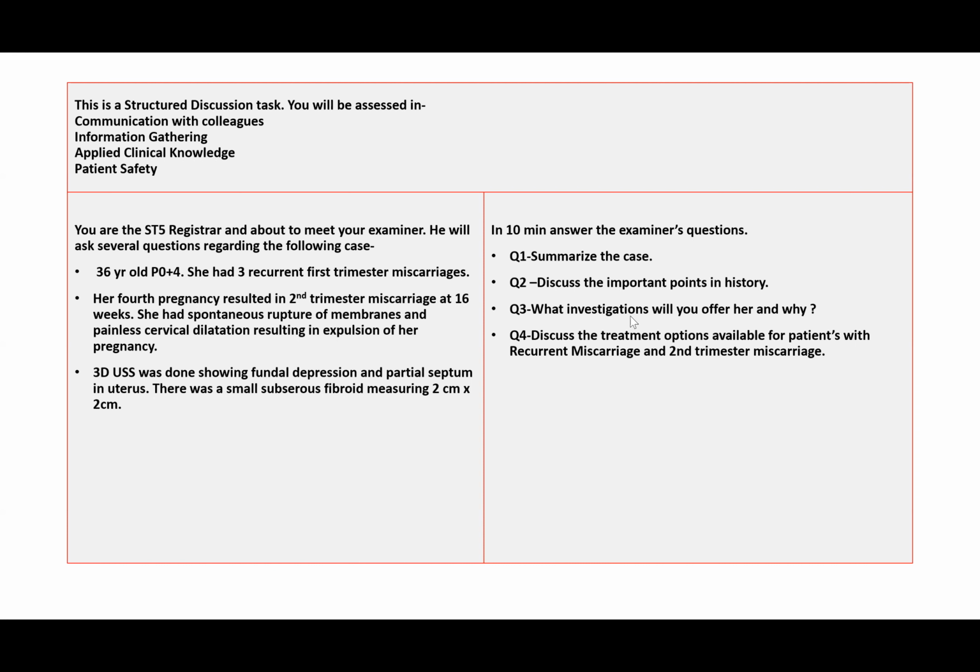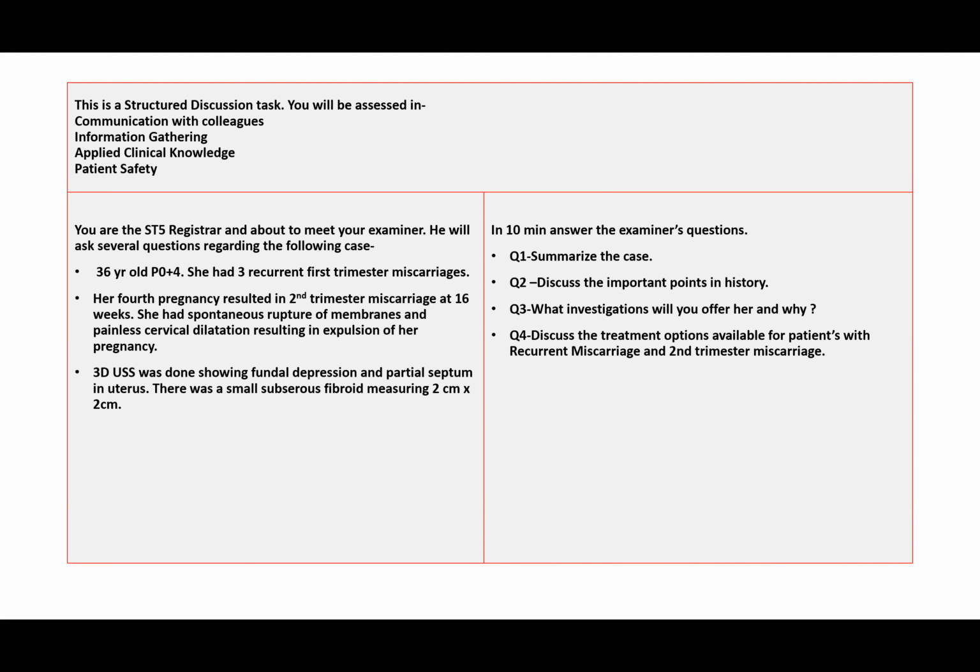Then investigations, very good. You covered that we have to investigate mainly the most important cause, which will be the antiphospholipid syndrome. That is your acquired thrombophilia, the lupus anticoagulant and anticardiolipin antibodies, and then also inherited thrombophilias. Then you told about the cytogenetic analysis, the karyotyping, and if that is positive, then parental karyotyping, and if that is there, then we will refer the patient to the geneticist.